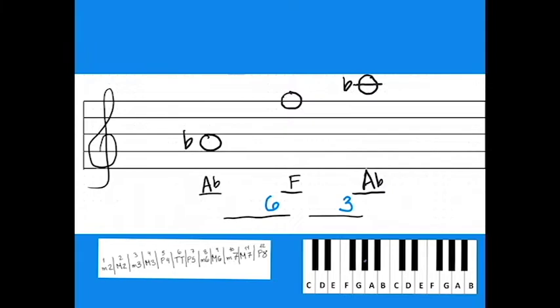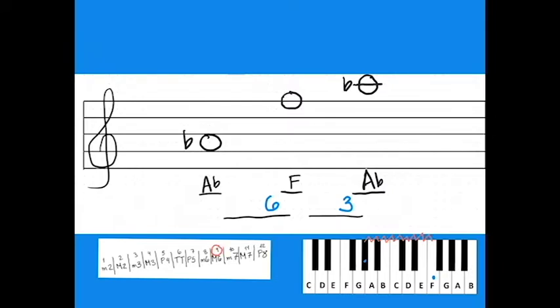Here's A flat and here's F. And we're going to count our half steps. 1, 2, 3, 4, 5, 6, 7, 8, 9. So 9 half steps from A flat to F. We're going to look over here at our chart.